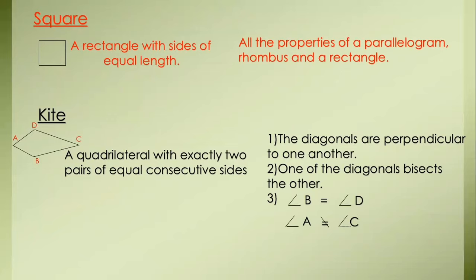Second, one of the diagonals bisects the other. Then an important property, angle B is equal to angle D. These two angles are equal. But angle A is not equal to angle C.